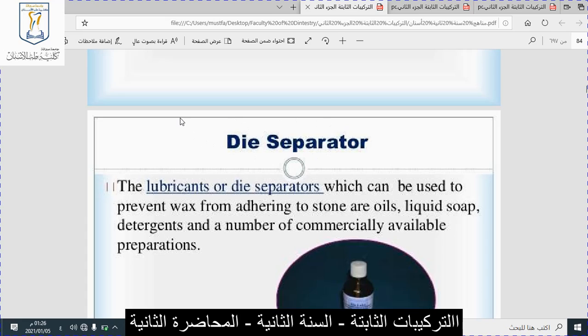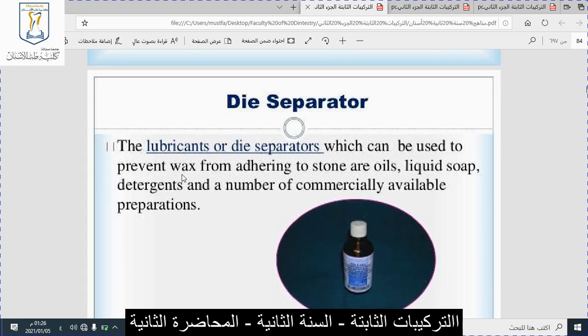Die separator or die lubricant makes the surface of the die compatible with the impression material, and makes the die easily separated from the impression.